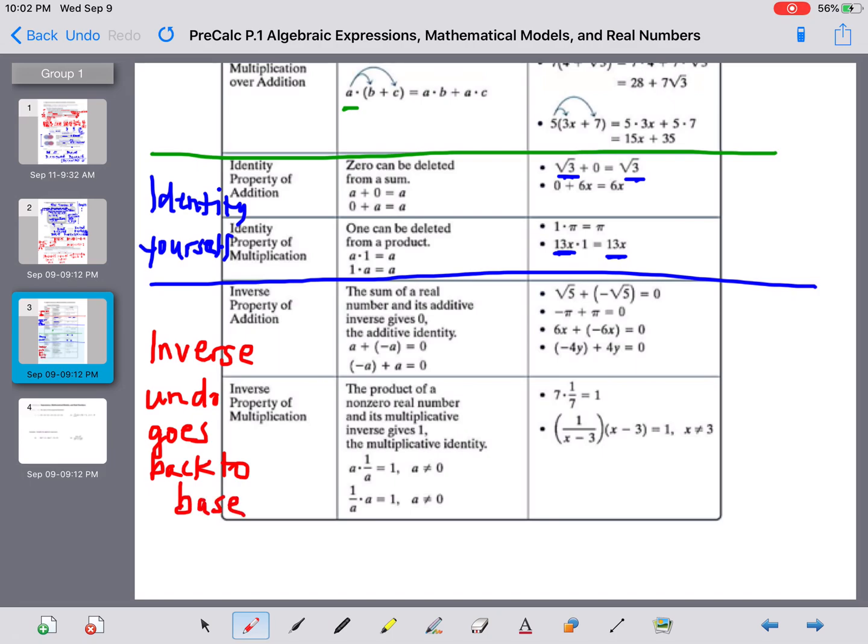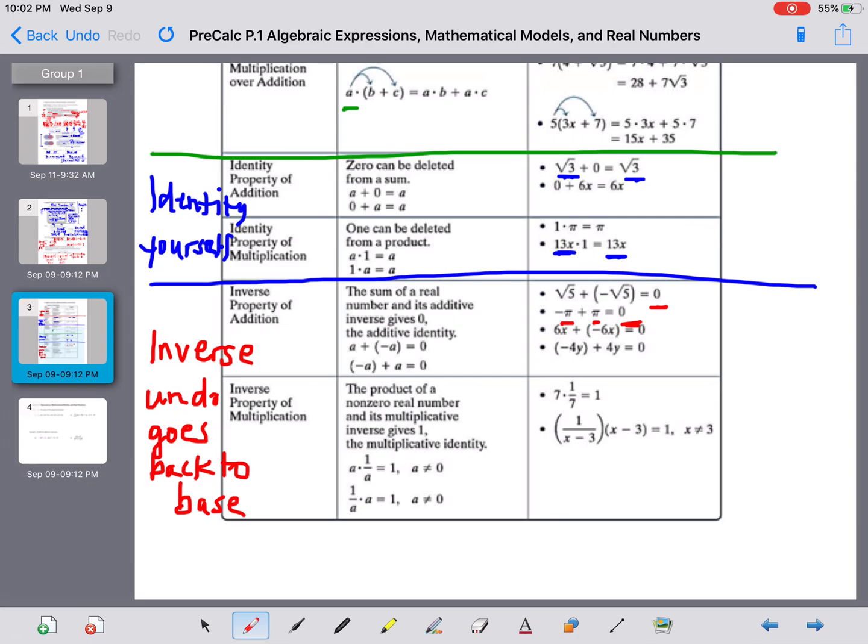So if I had the square root of 5, I'm going to do its opposite or its inverse, so subtract or add the negative square root of 5, and I go back to 0. If I had negative pi, I add pi, and I go back to 0. Notice on all of these, I'm doing the opposite operation to go back to the base, or 0.